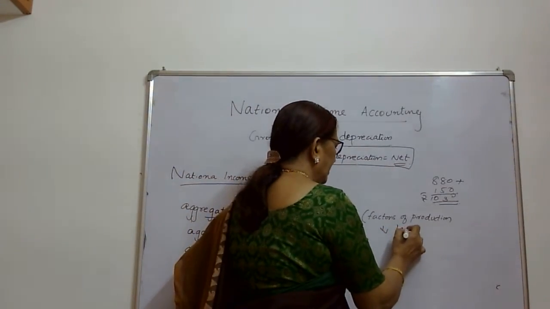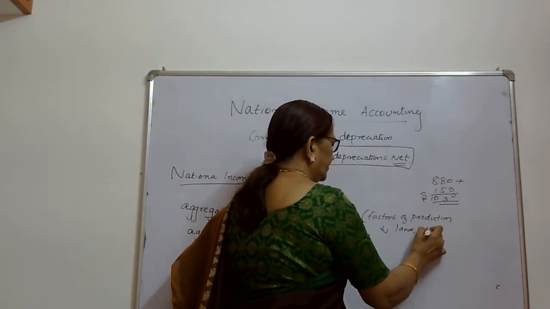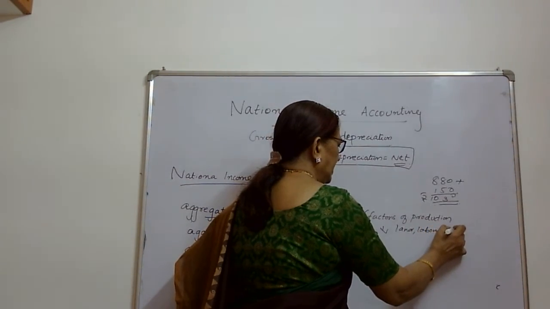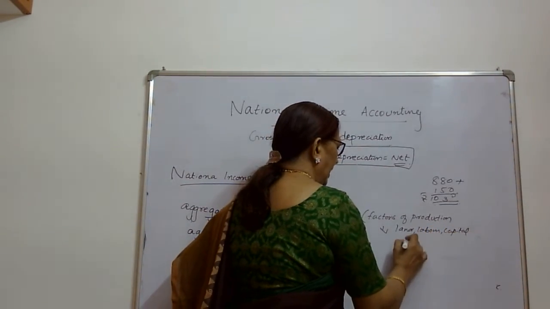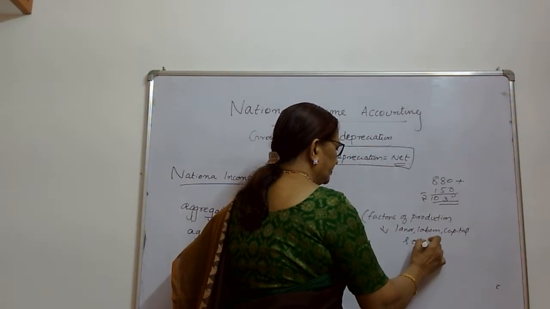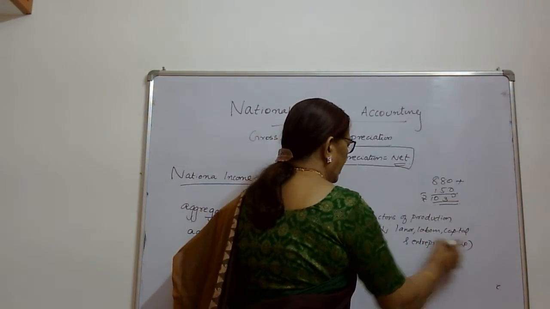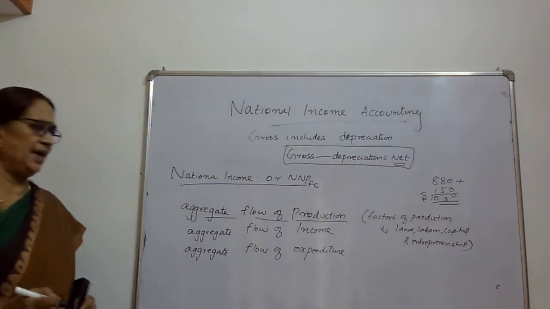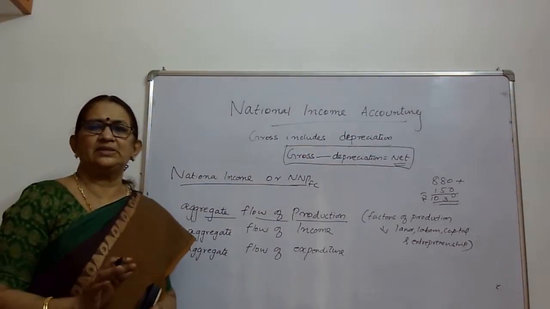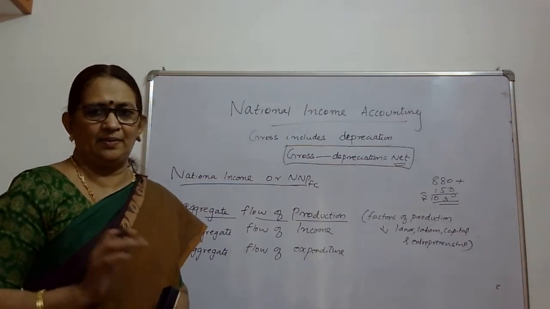Land, labor, capital and entrepreneurship. By using land, labor, capital and entrepreneurship, goods and services are produced in the economy.